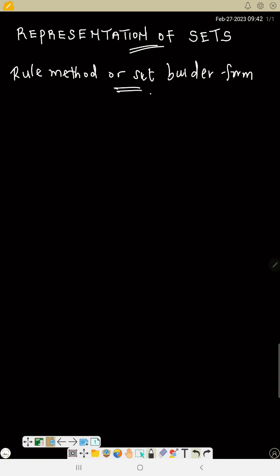In this form, all the elements of a set possess a single common property which is not possessed by any element outside the set. Let me use an example here. If we denote a vowel by V, then this can be written like so.